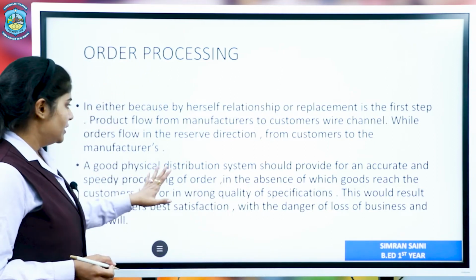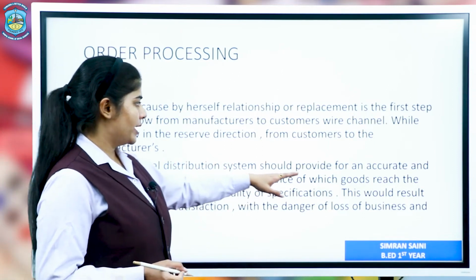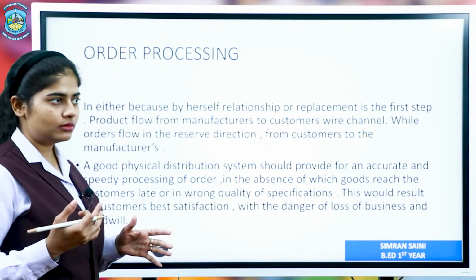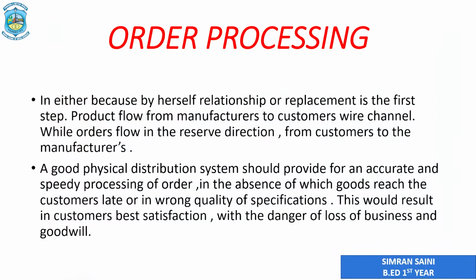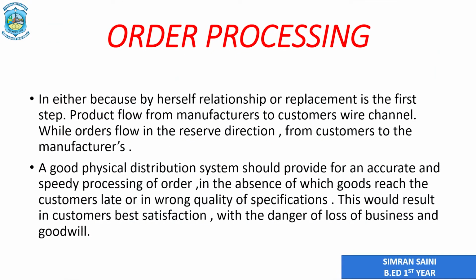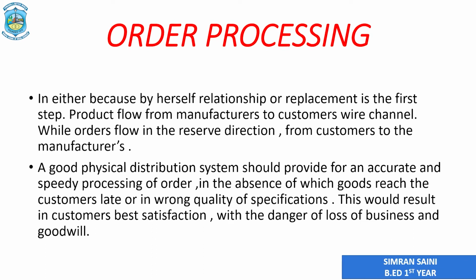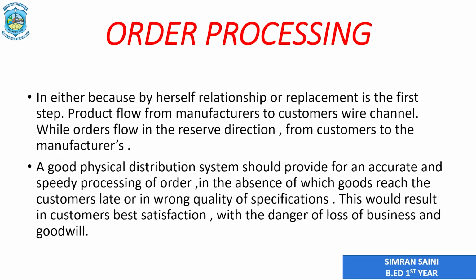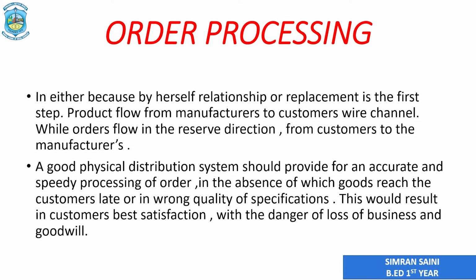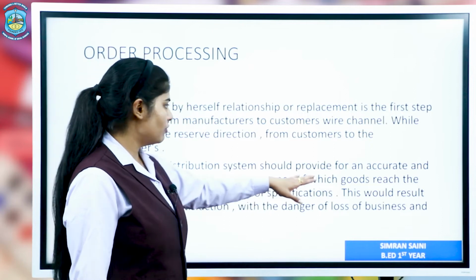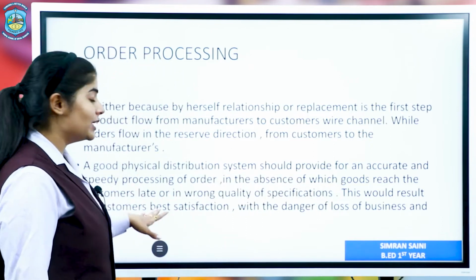A good physical distribution system should provide for accurate and speedy processing. It is common, we need our product as fast as possible because we need to use it. So, if the product is delivered to us quickly, in proper time, we will be happy, right? In the absence of this, the goods reach the customer late.